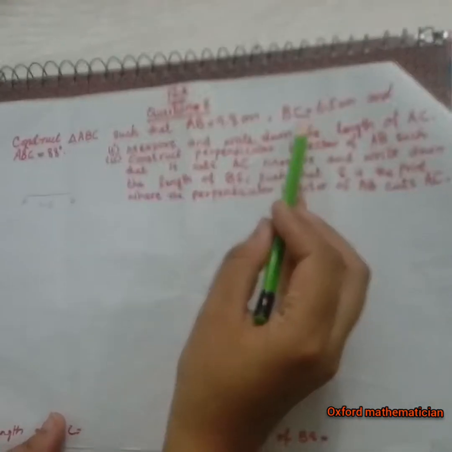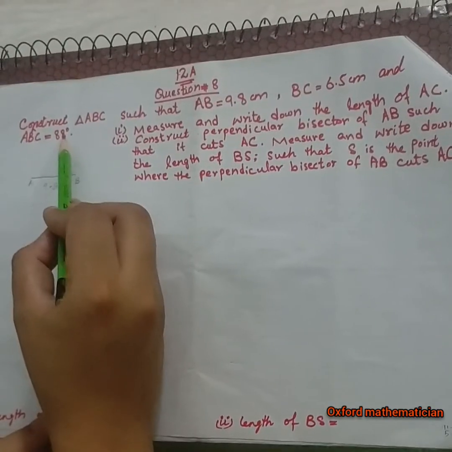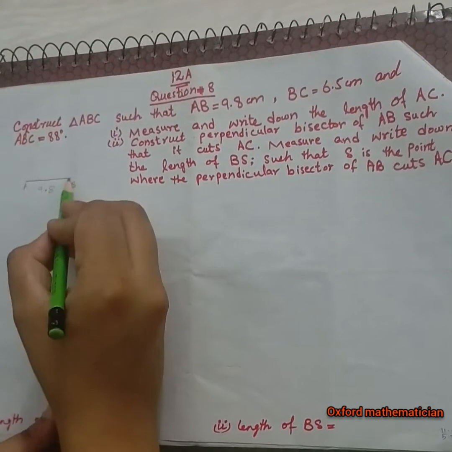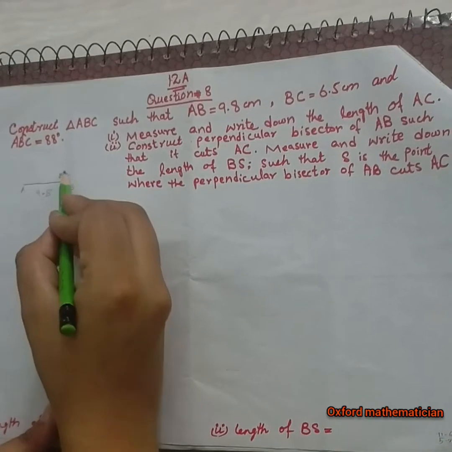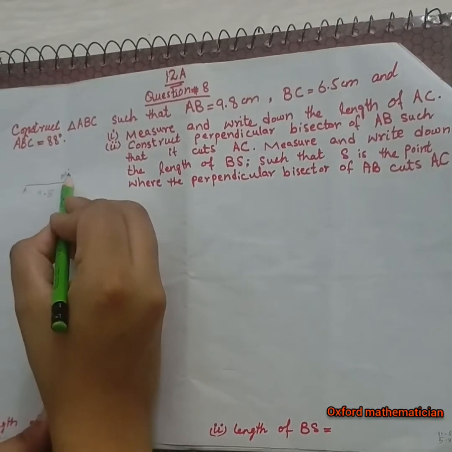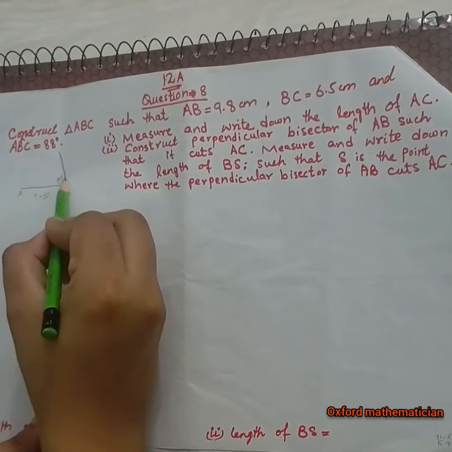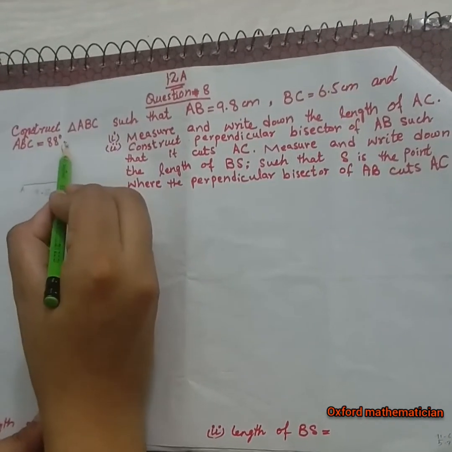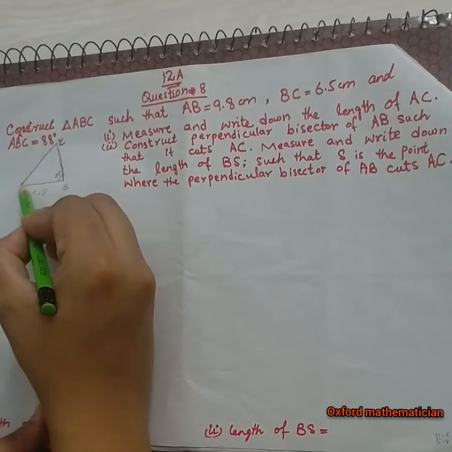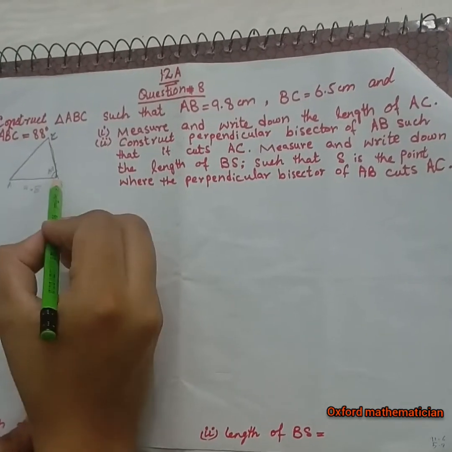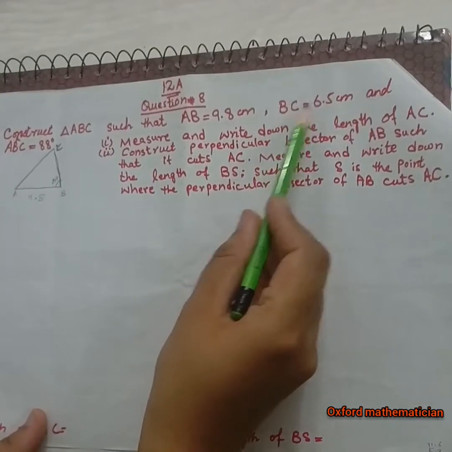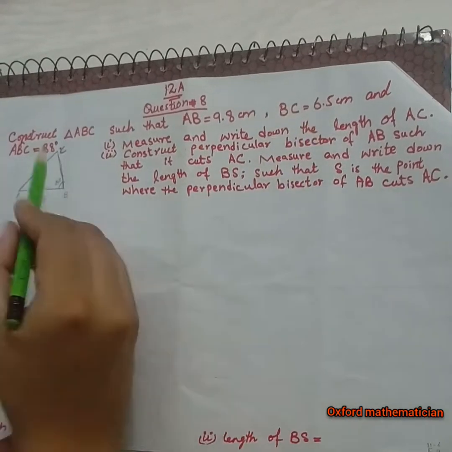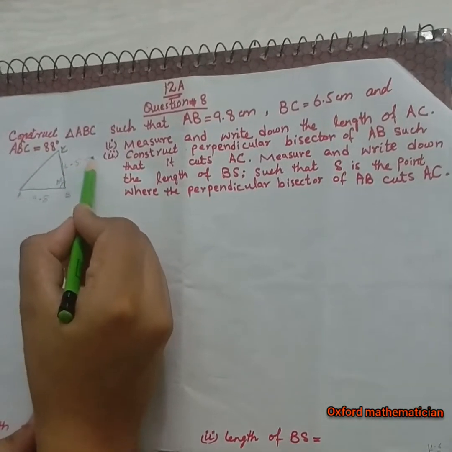Then we construct an angle firstly from point B. Here is the 88 degree, which is near to 90, about a right angle. Here is somewhere the point C, and now we join A and C. Then BC line segment is 6.5 centimeter.